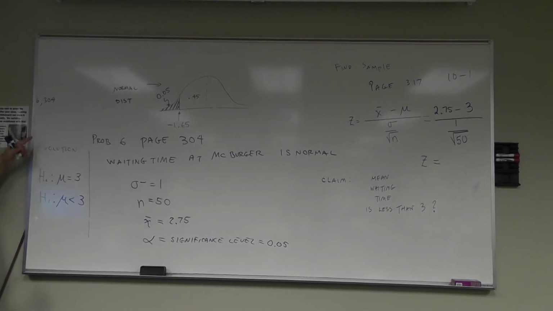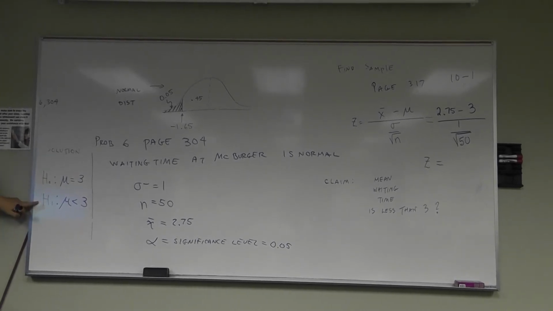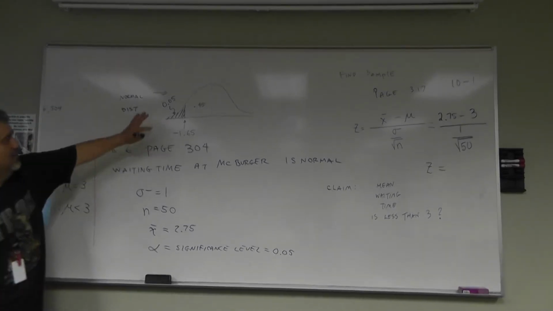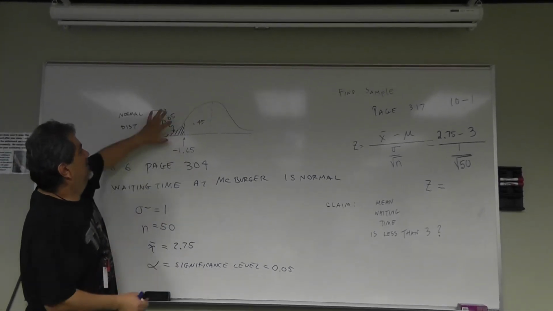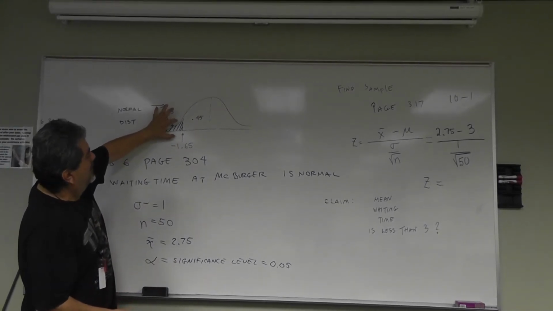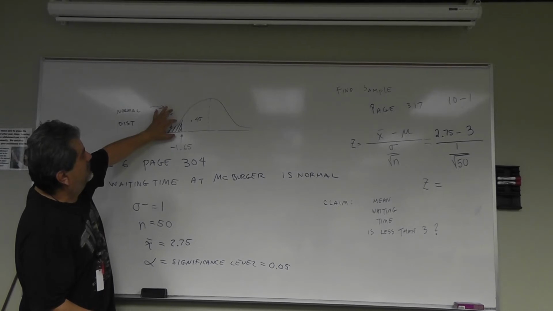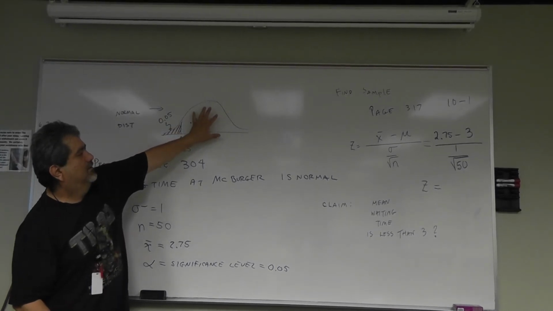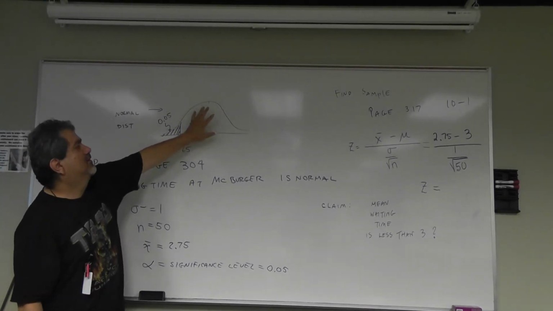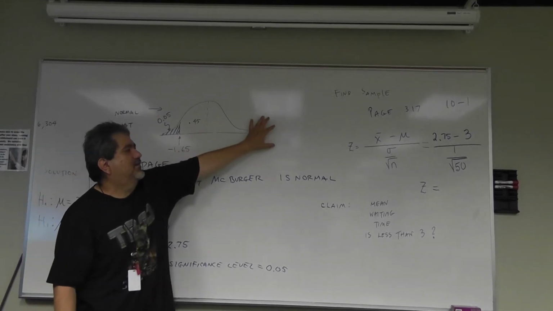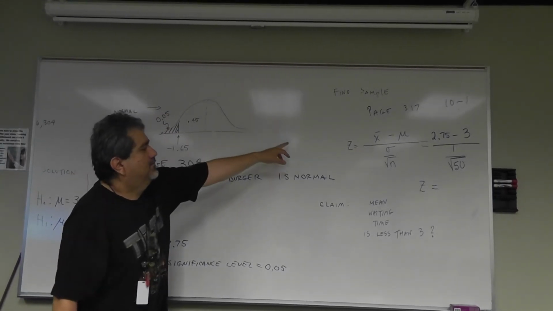But you have to do this through a couple of steps. Step number 1, do the null and the alternative. Step number 2, do the graph, and this will determine the alternative area and the null area. The null area is always in the center. The alternative will be either here or maybe here, left or right.